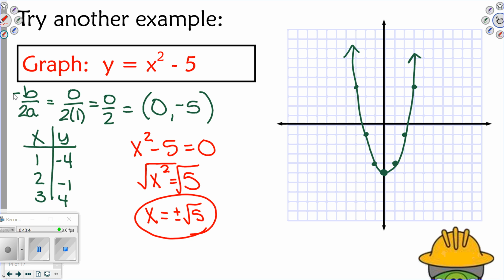For giggles, even though I hate decimals, grab your calculator. What's the square root of 5? I'm so excited, Dalton. Let me use it. 2.2 blah, blah, blah. Goes on forever and ever. Where did it cross the x-axis? What did we say? 2 point something and -2 point something? Yeah, it's exactly where it crossed.